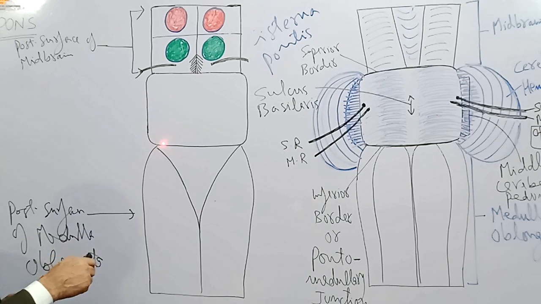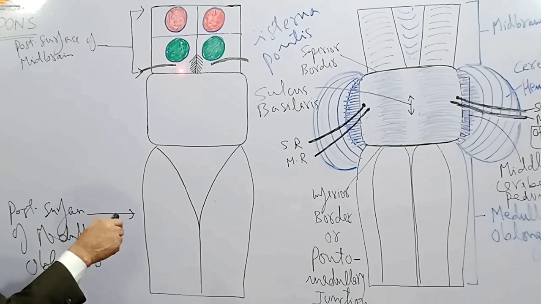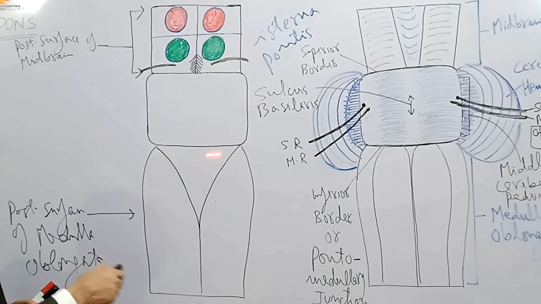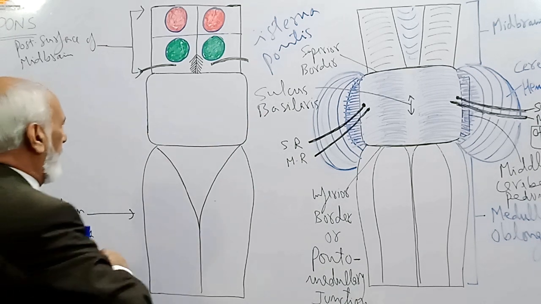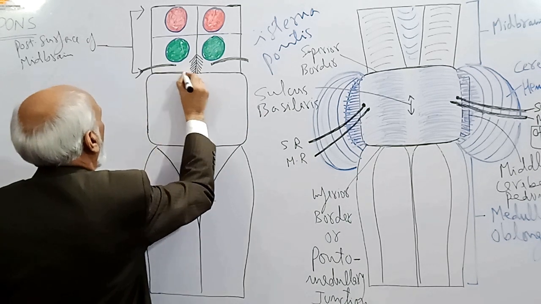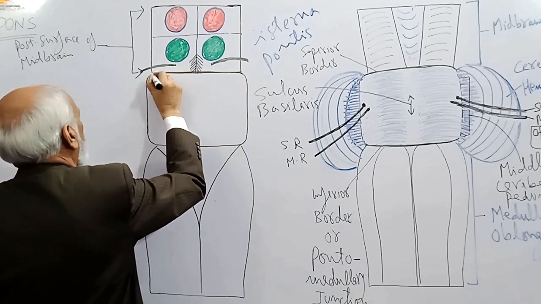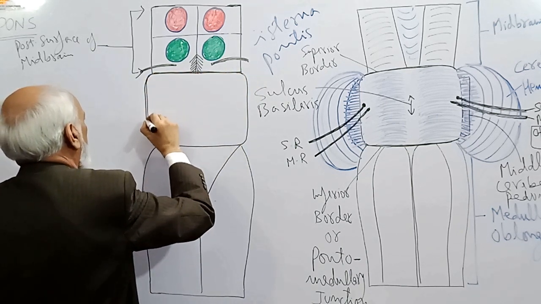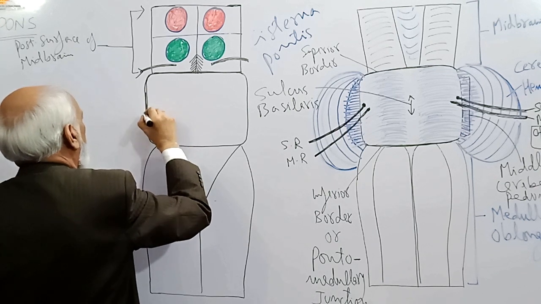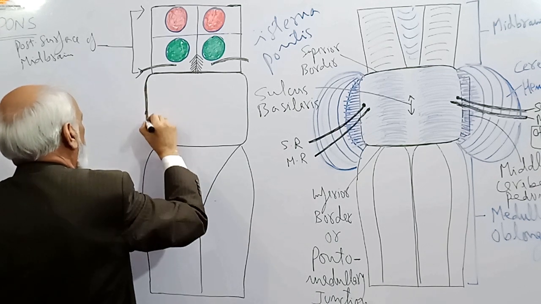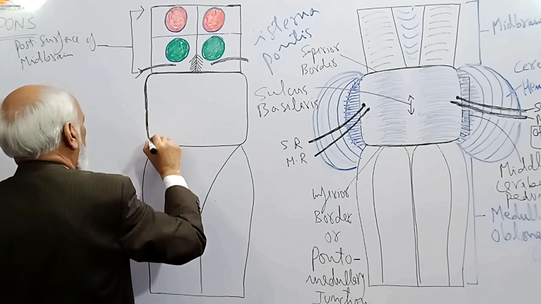Now, our topic is what are the external features of the posterior surface of the pons. So we will concentrate on this part of the brainstem, that is posterior surface of the pons.